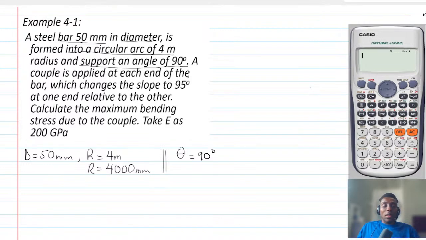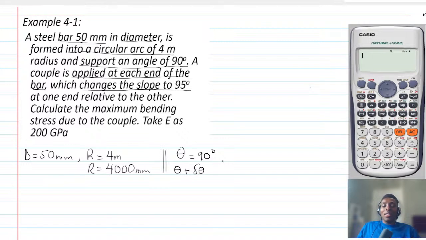Okay, and then there is a couple which is applied at each end of the bar, which changes the slope to 95 degrees. So basically the new slope is the original plus a small change.